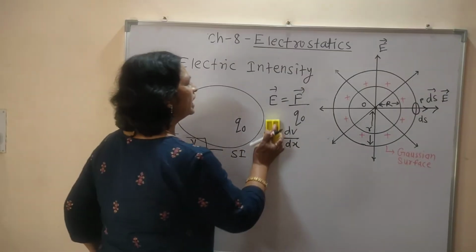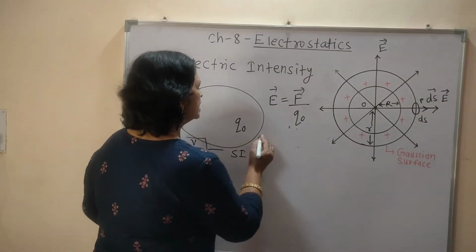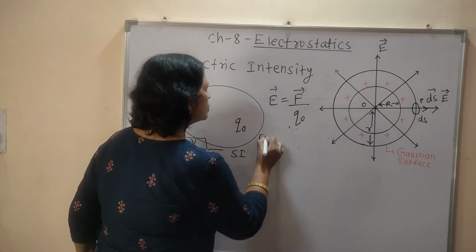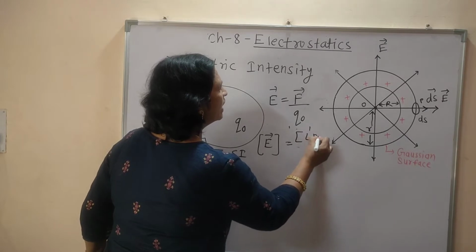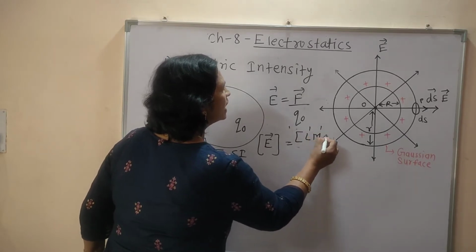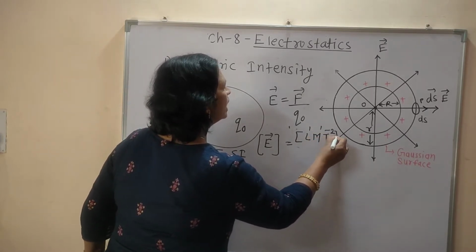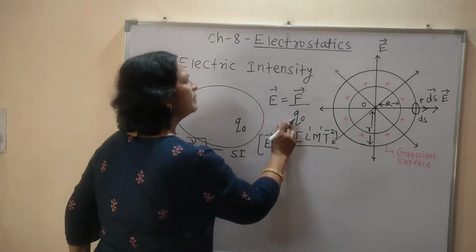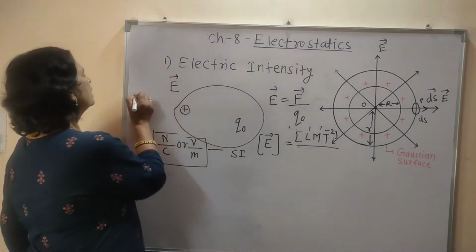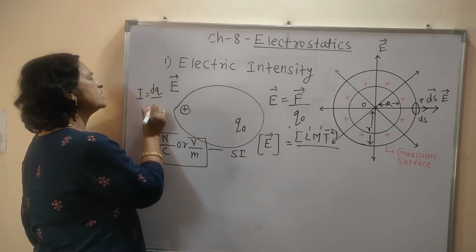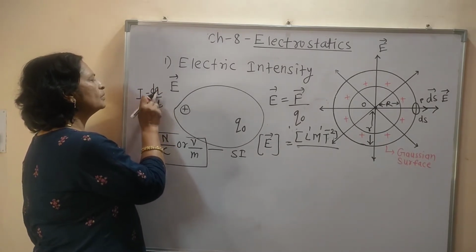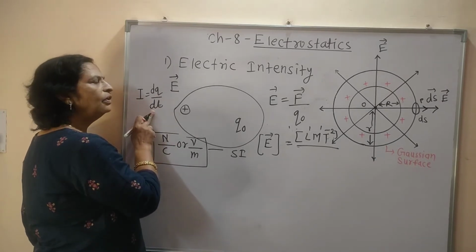Then what is the dimension of electric intensity? The dimension of electric intensity E is equal to the dimension of force divided by charge. The dimension of force is L raised to 1, M raised to 1, T raised to minus 2. And for the dimension of charge, we know that current is the rate of flow of charge, and therefore the dimension of charge is I into dt.